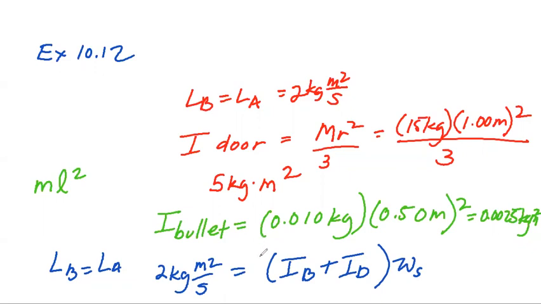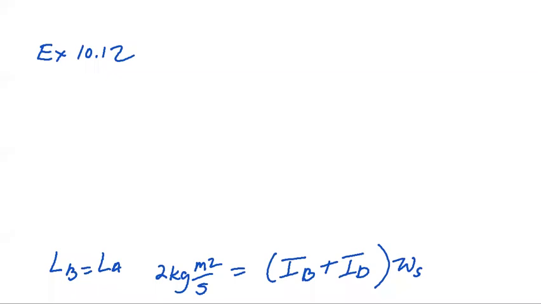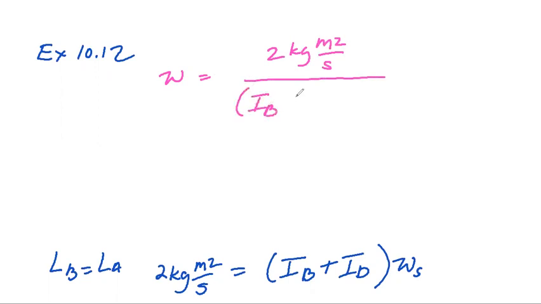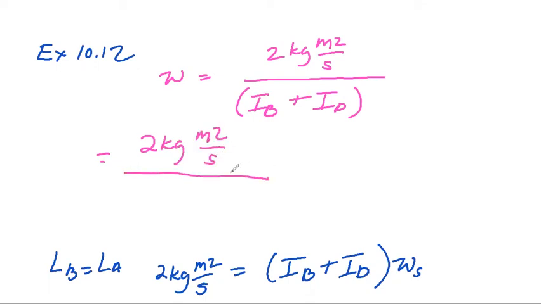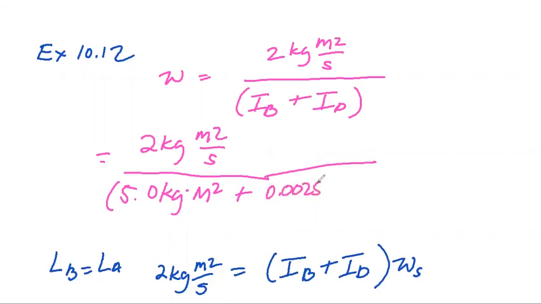I'm solving for omega, so omega equals 2 kg meters squared per second divided by (5.0 kg meters squared plus 0.0025 kg meters squared).